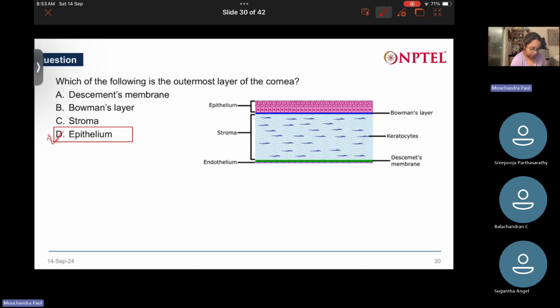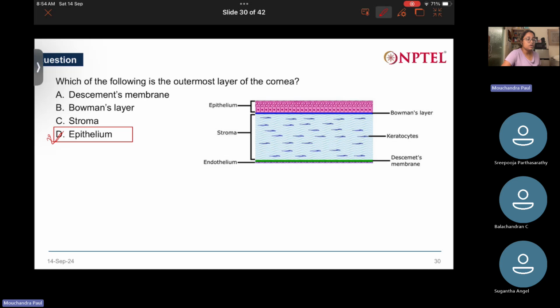So how is the structure of the cornea made? The outermost layer is the corneal epithelium, which is directly in contact with the tear film. So it protects the eye from the invasion of pathogens or dust particles, basically protecting the eye from any damage.